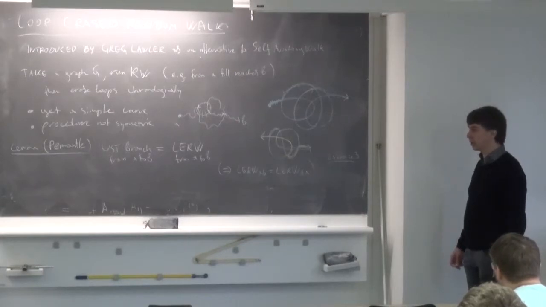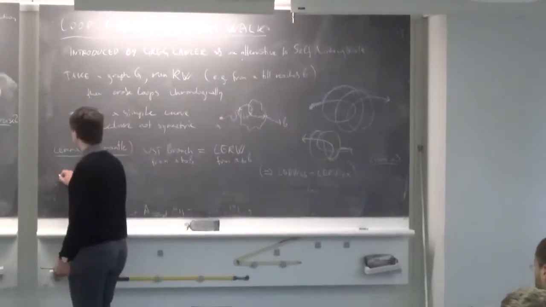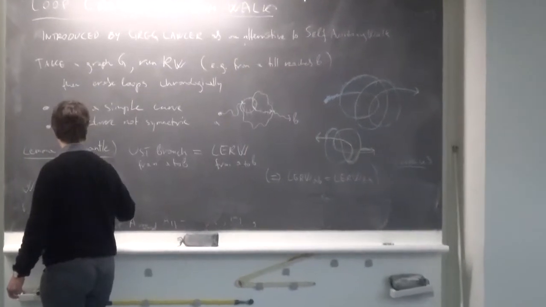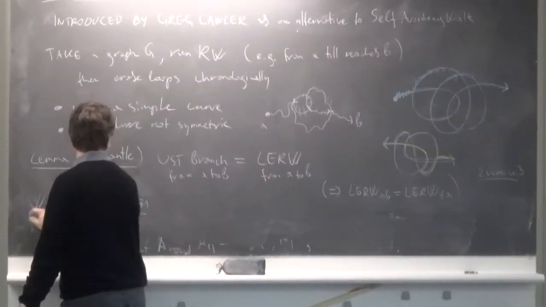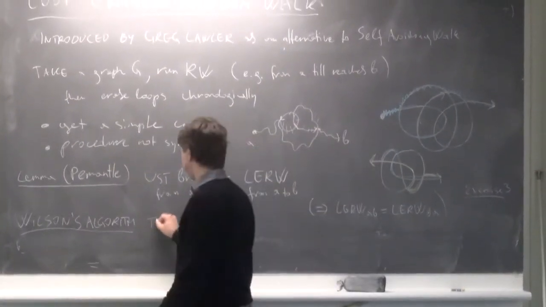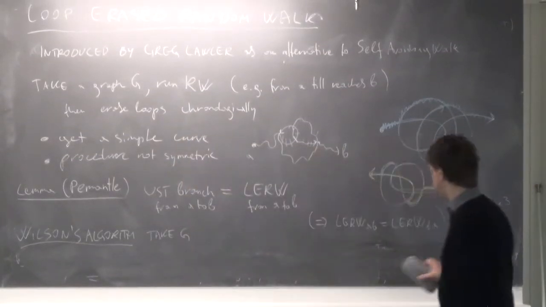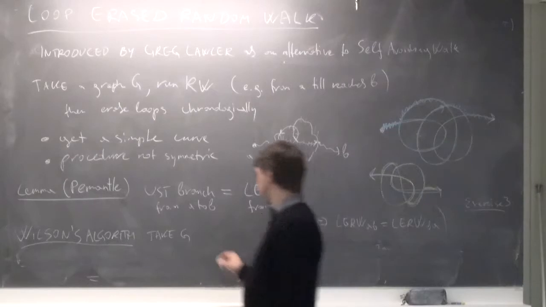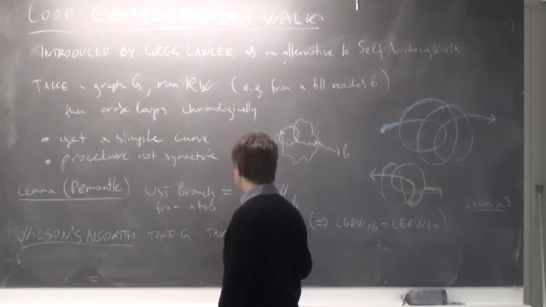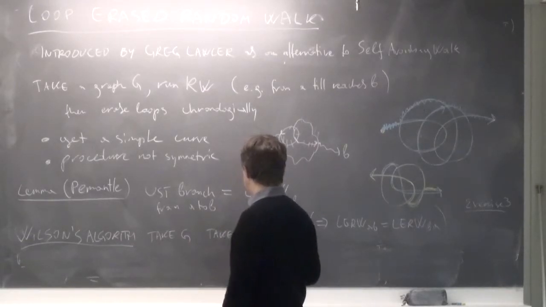Now, what is the Wilson algorithm? Wilson's algorithm does the following thing. You take a graph G. Take points A1, A0.